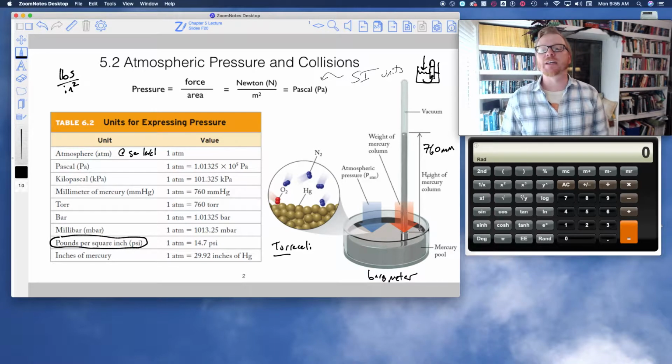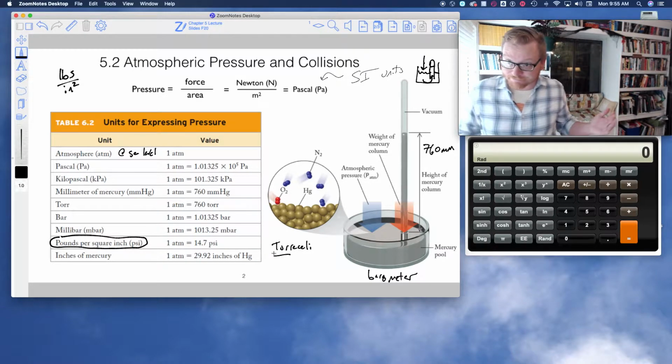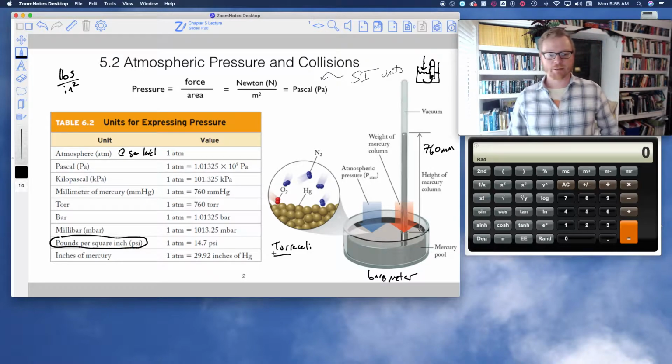And that's due to the difference in the density of water versus mercury. Mercury is very dense, so that's why this only goes up 760 millimeters. So we call that measurement, 1 atmosphere, 760 millimeters of mercury, we call that 760 torr, for Torricelli himself.